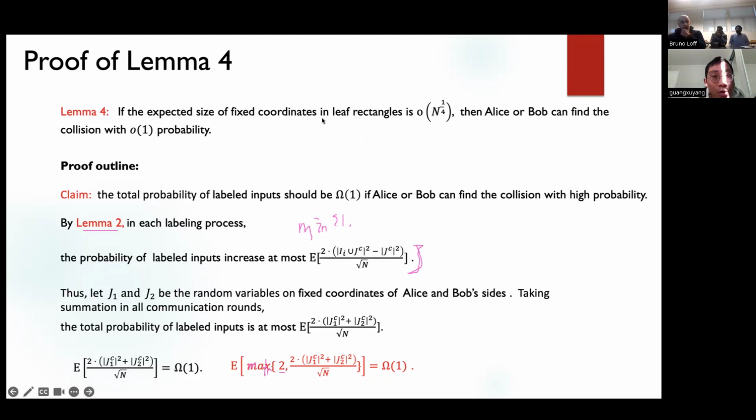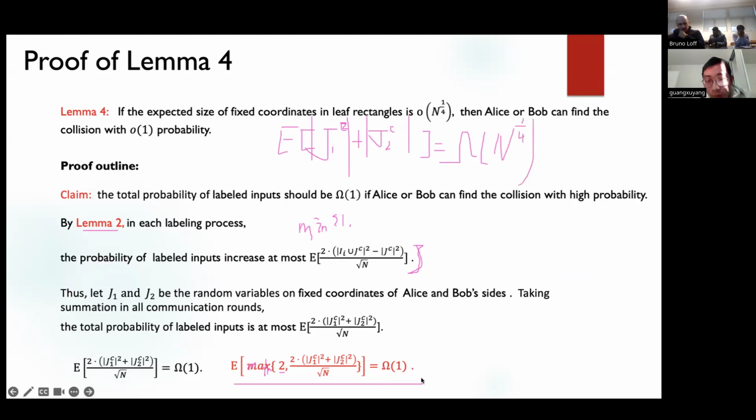We want to prove that this quantity, for a side J1 and J2, is not large, not Omega root n, or n to the 1 over root. So now we have this condition, we can prove it, right?